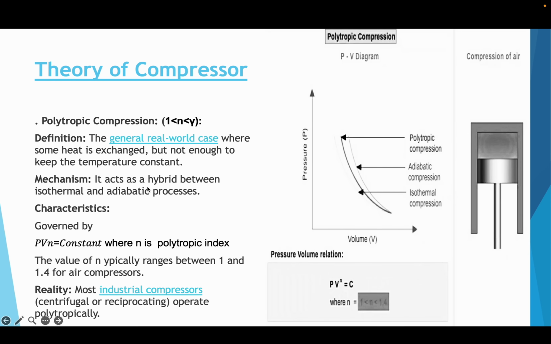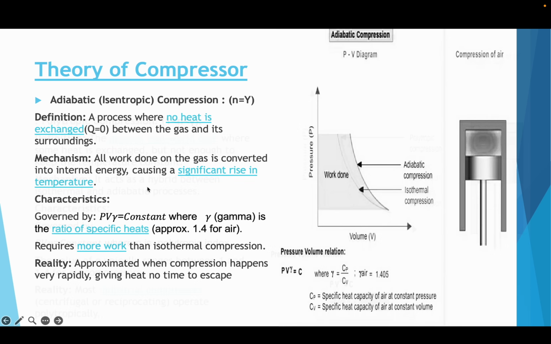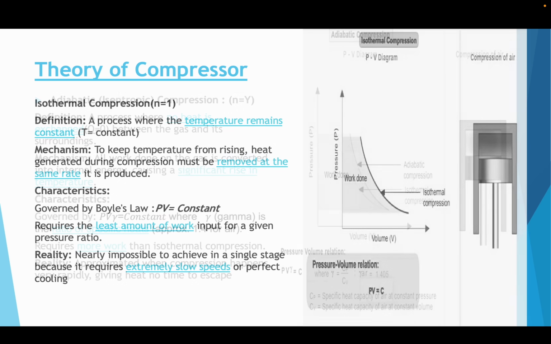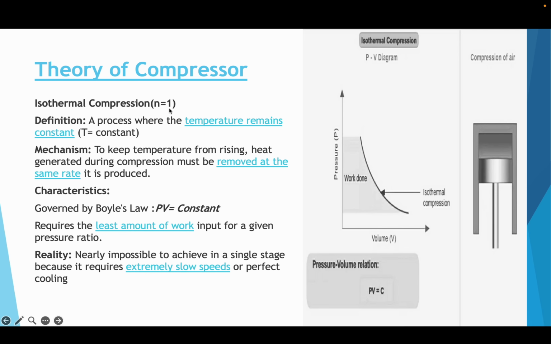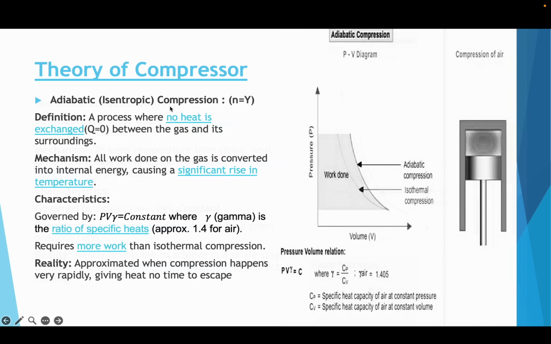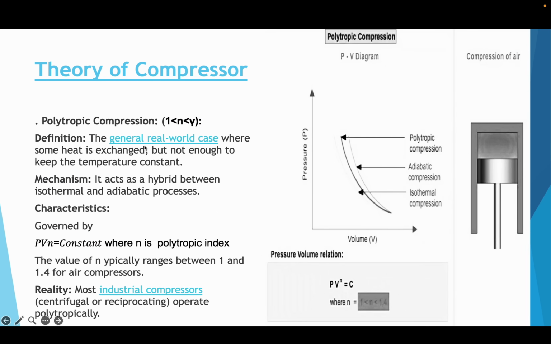So in practice, in industry we follow polytropic compression. It is a hybrid between the adiabatic and the isothermal. Now one thing you should see is that in case of isothermal compression, N is 1. Here for adiabatic N is gamma, which is equal to 1.4, but in case of polytropic the N is in between 1 and gamma, that is 1 and 1.4.